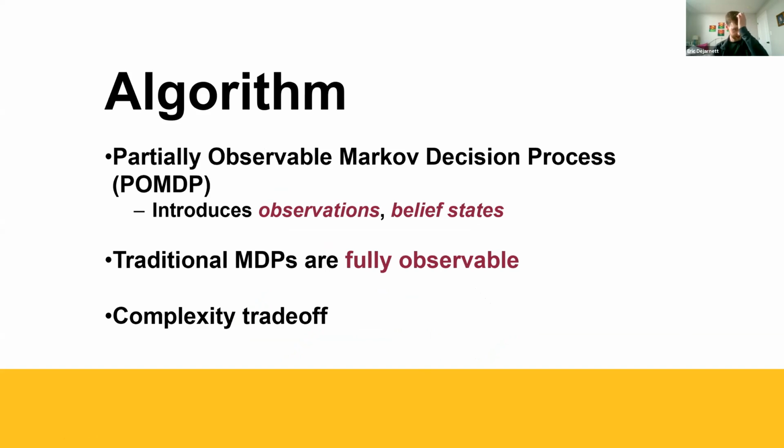So moving upwards from an MDP, we now have a partially observable Markov decision process, which introduces two key concepts that really change the game and make this more usable and feasible in this kind of environment. These are observations and belief states, which I'll explain more in a second. Traditional MDPs are what you would call fully observable, which, like I said so many times now, means that you have to know the full environment.